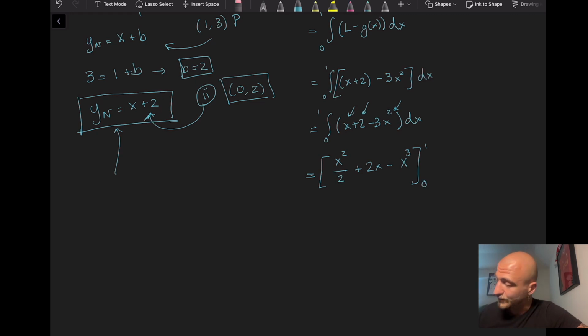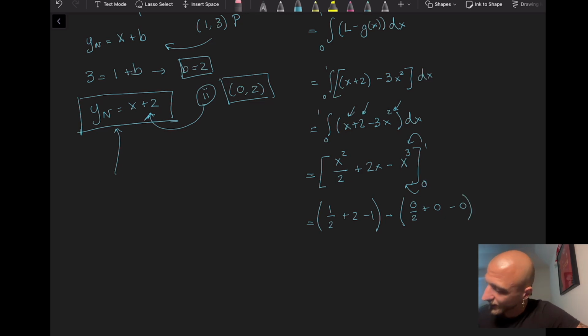When you evaluate an integral, you first plug in the top term, the upper bound. You then subtract by plugging in the bottom term. So let's just do that. I'm going to first plug in 1 for every time I see an x: 1 over 2 plus 2 minus 1. And I subtract what I get when I plug in 0 for everything: 0 over 2 plus 0 minus 0.